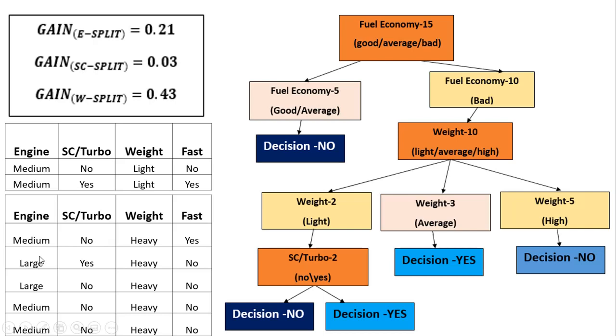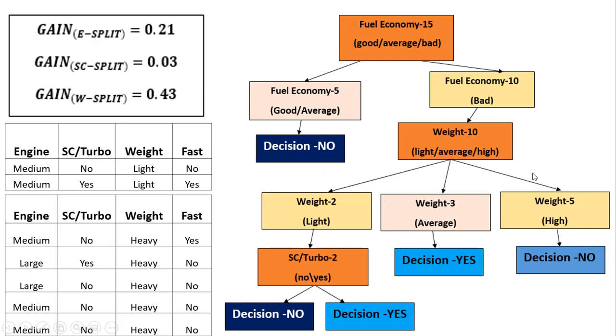And also you can see here, when the engine is large and there is turbo, the car is not going fast. Again when the engine is large and there is no SC turbo, again the car is not going fast. From this we can clearly say that the decision tree will stop here.